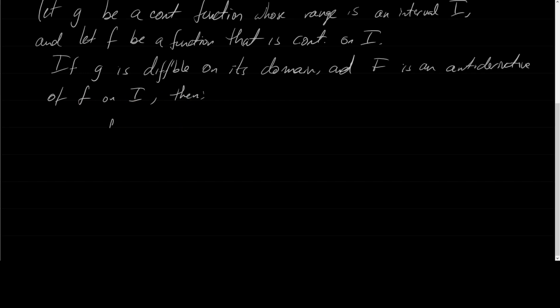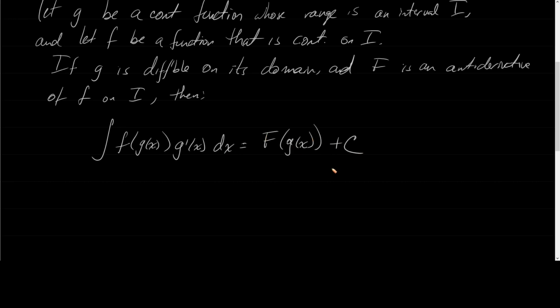The integral of f of g of x times g prime of x dx is equal to capital F of g of x plus c. Alright? Now this is more commonly written as the following. If we let u be equal to g of x, then if I take the differential, du will be equal to g prime of x dx.